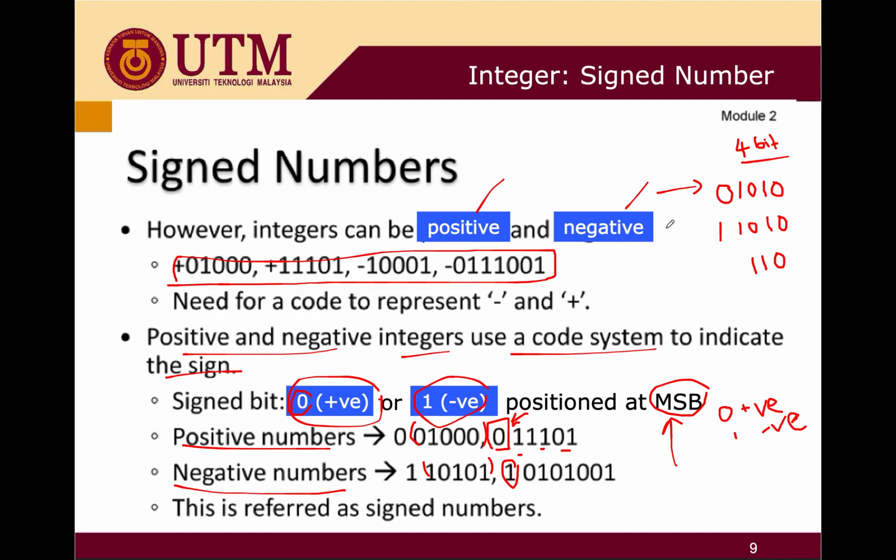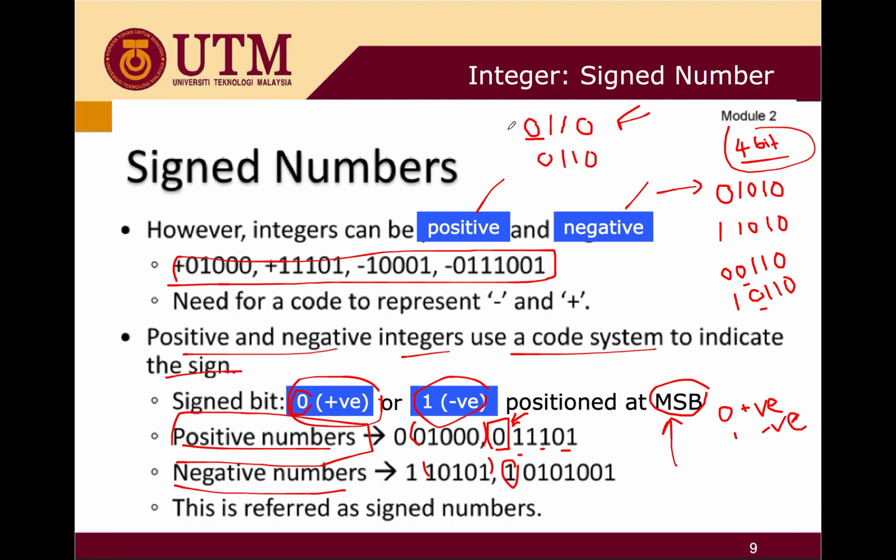So over here, if you want to assign it as positive, you need to add 0 over here, and if it is a negative number, you need to add 1 in front, because it is 4 bit. You are just given it like this, but it is mentioned that it is 4 bit, so you know the leftmost bit over here should be 0.